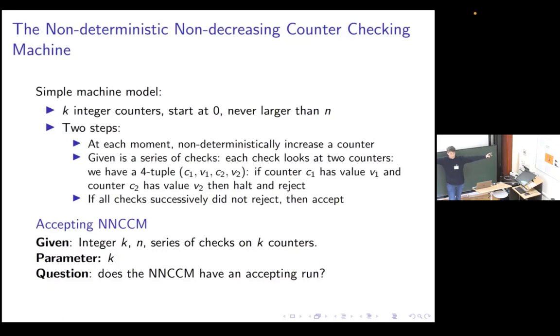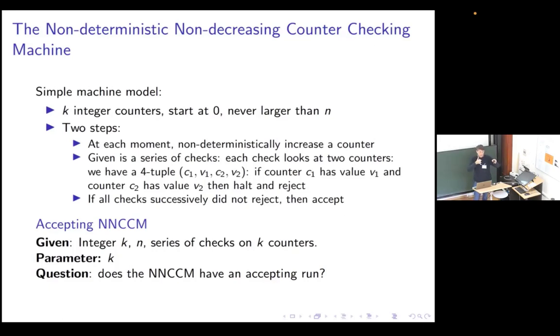So the question is, given the sequence of four-tuples, n and k, is there an accepting run? And these four-tuples are not all applied at every step. Each four-tuple is applied once in the sequence.